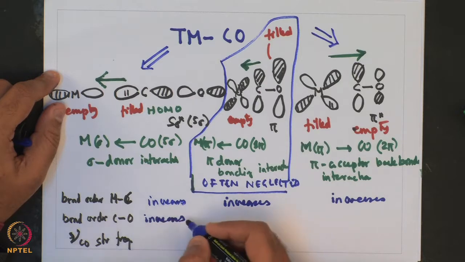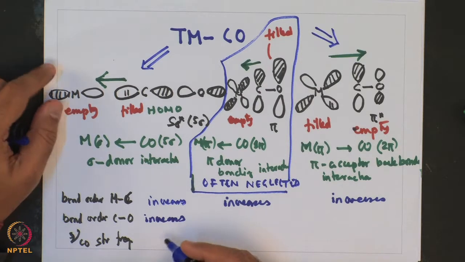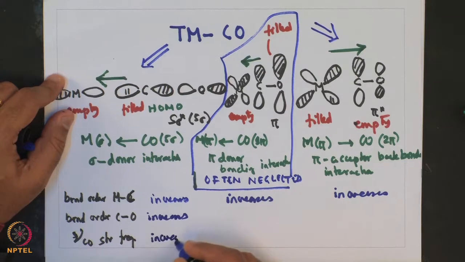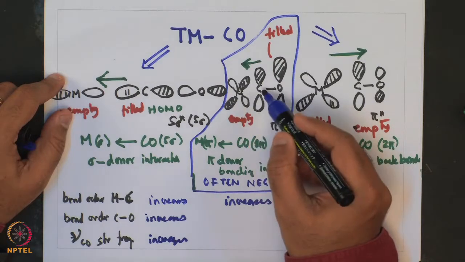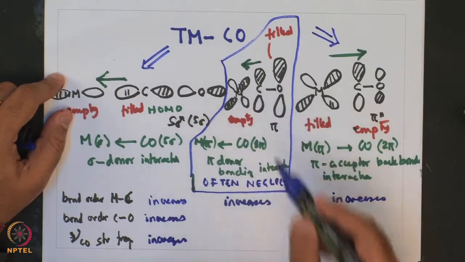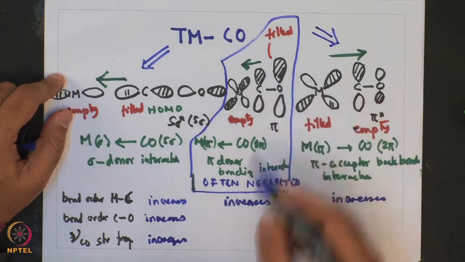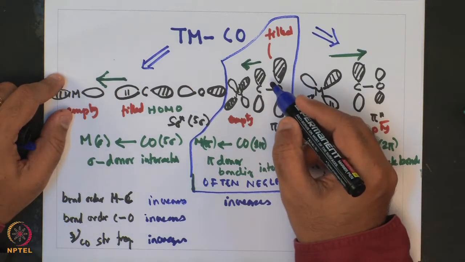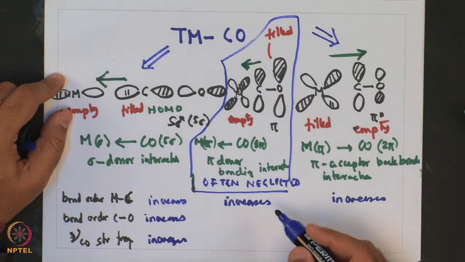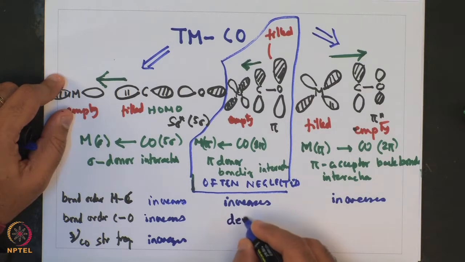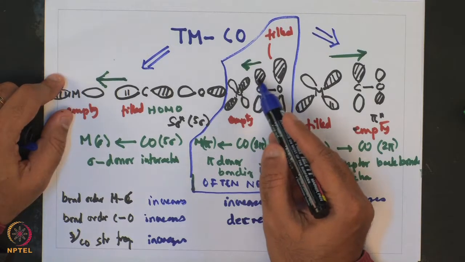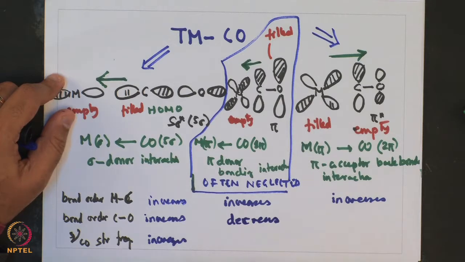As a result, the CO bond order increases and the stretching frequency of CO also increases. However, when the CO to metal forward pi donation increases, then the CO pi bond weakens because of this pi donation, and as a result the CO bond order decreases. And if, because of the pi electron now being donated to the metal, the CO bond order decreases, then the CO stretching frequency also decreases.